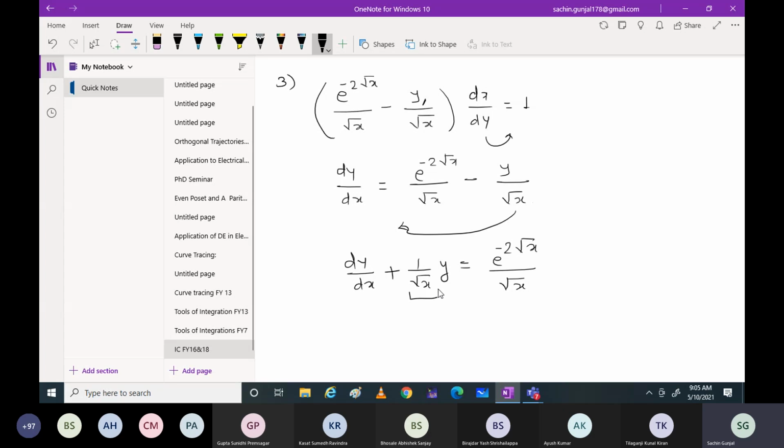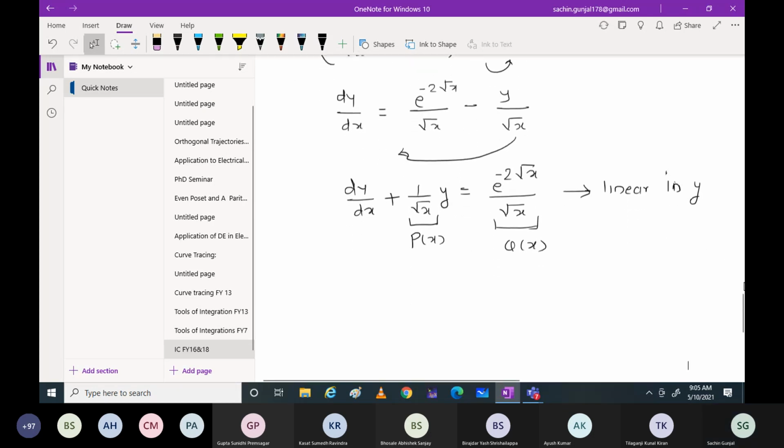This you can call as Q of x. And this differential equation is linear in y.